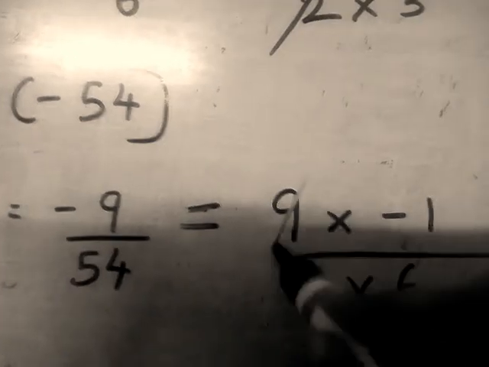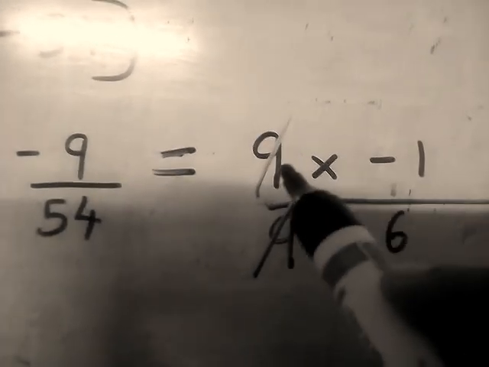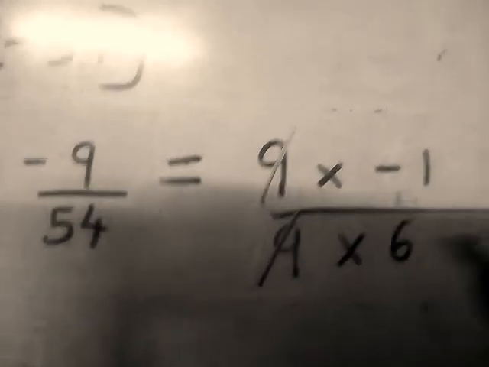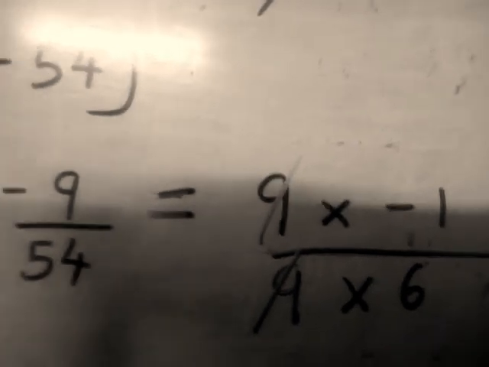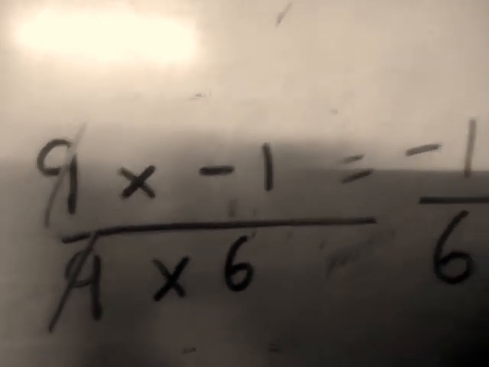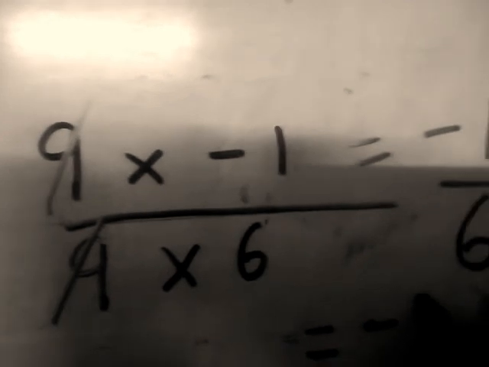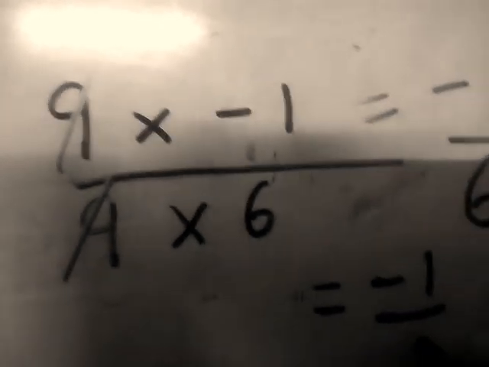So 9 gets cancelled. Minus 1 into 1 is equal to minus 1. 6 ones are 6. So your answer is minus 1 upon 6.